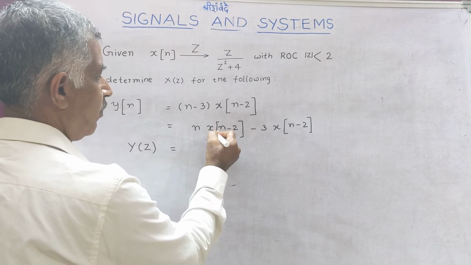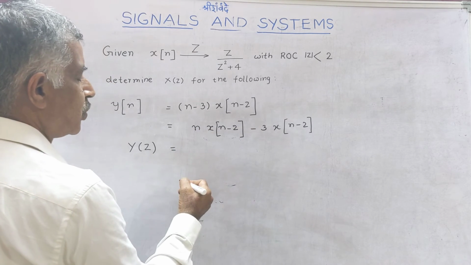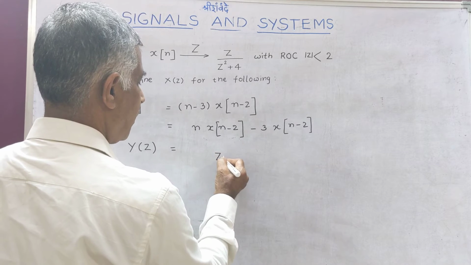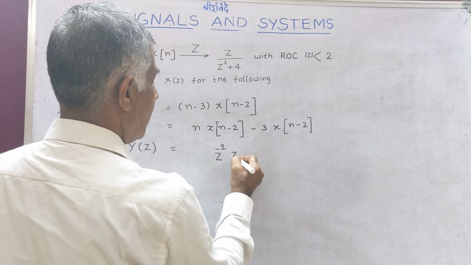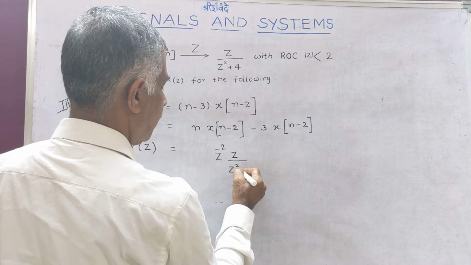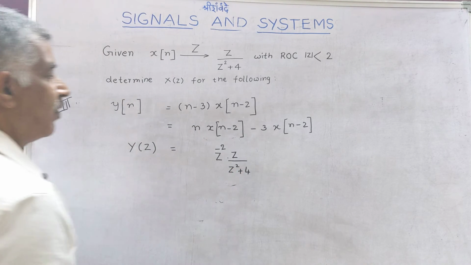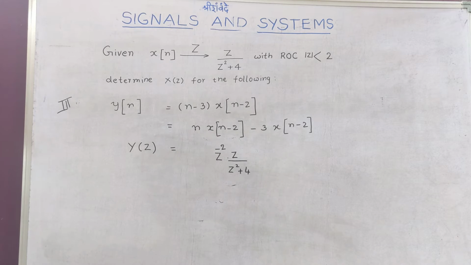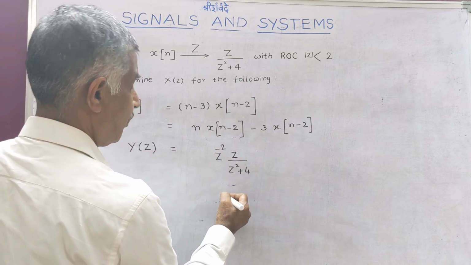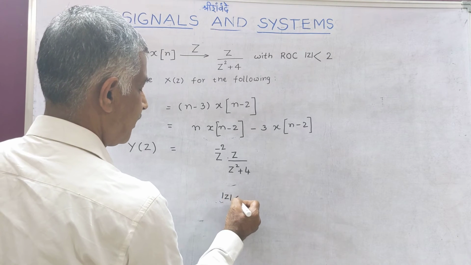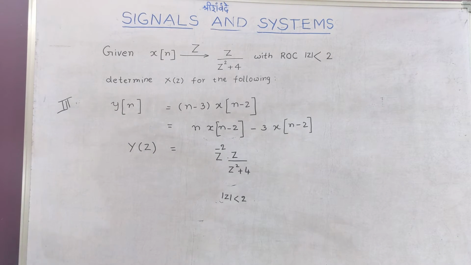So first you do x of n minus 2, that is z to the power of minus 2 into z by z square plus 4. Then ROC mod z less than 2.